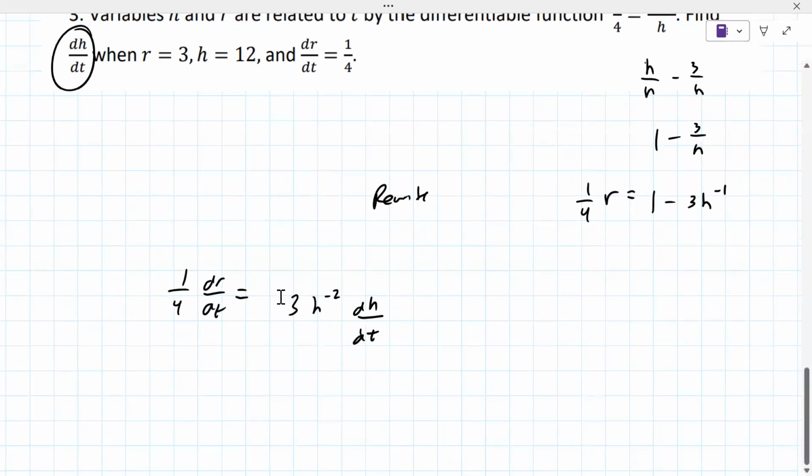Depending on your comfort level, you can write it out symbolically. Like you're gonna multiply both sides by h squared and divide by 3. So it ends up being h squared over 12 dr/dt. Then you're just putting those numbers in.